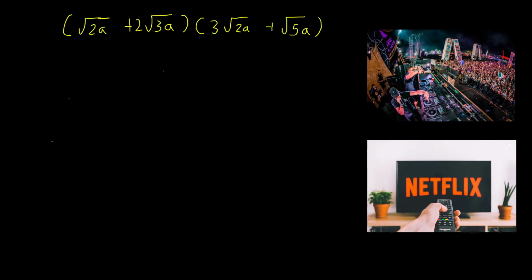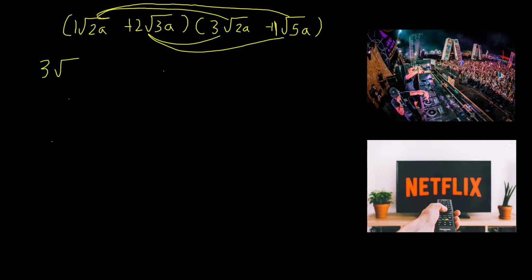Okay, so with this problem, I'm going to FOIL. So it's going to look like this. And for this to work, I always like to put the imaginary 1 here, so I know that there is a number in front. It's just going to be 1. So for the first one, 1 times 3 is 3, square root of 2a times 2a is 4a squared.